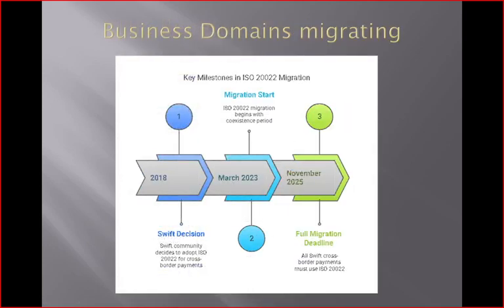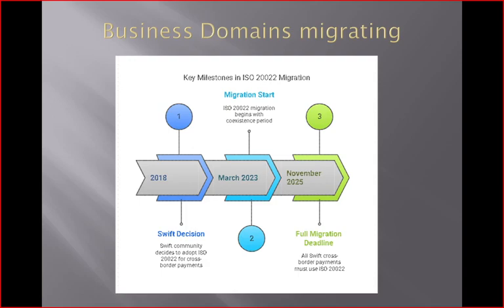Okay, when this journey started, the key milestone: Swift took the decision in 2018 that we have to adopt ISO 20022 for cross-border payments, and from 2018 till 2023, the research team and the migration team, in your CBPR and PMPG group, the Payment Market Practice Group, held conferences and came up with a common understanding.